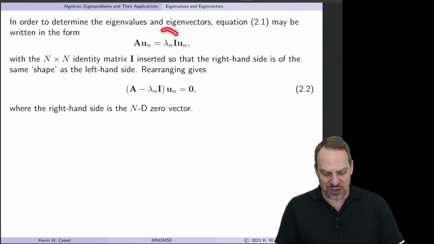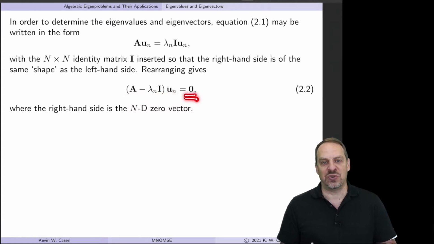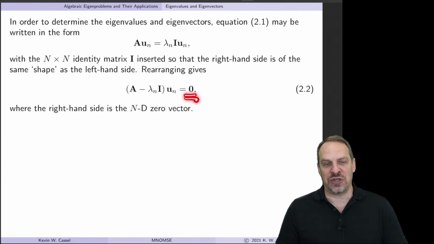Having done that, I can now bring the right-hand side over, and I have (A minus lambda I) all times u, factor out the u, and that now has to be equal to 0. Now this is a bold 0, so it's a 0 vector. It's an n-dimensional 0 vector.